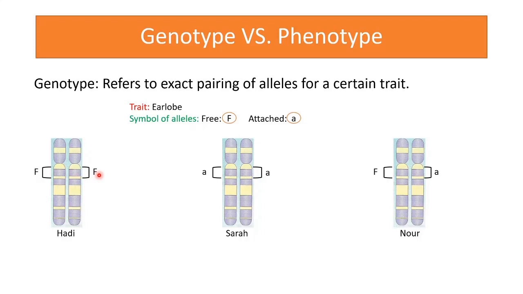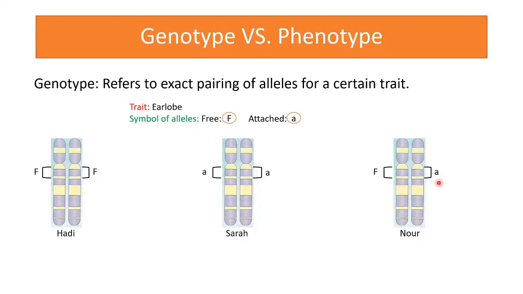So now I can represent the free ear allele by capital F. So Hadi has two F alleles, F and F, whereas Sarah is going to have small a, because previously we have mentioned that Sarah has two attached alleles, one taken from the mother, another from the father, whereas Noor has two different alleles for this trait, F and A, F for free again and A for attached.